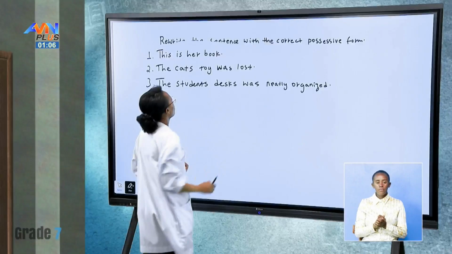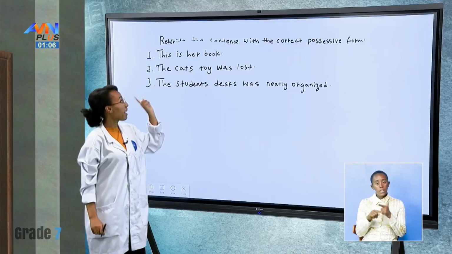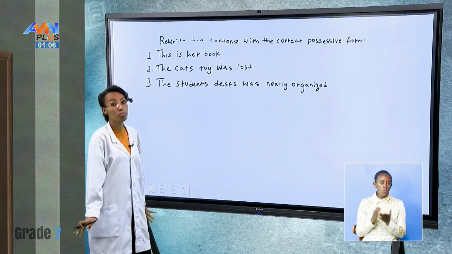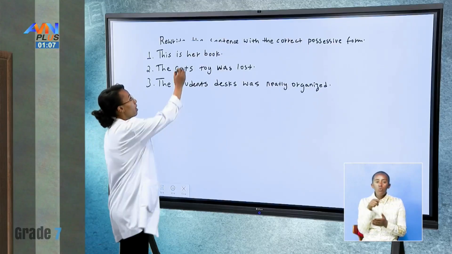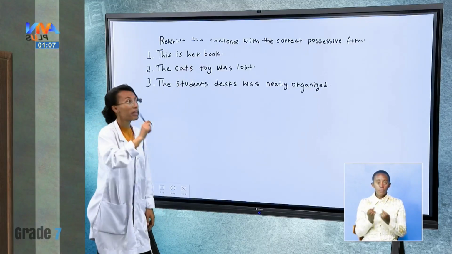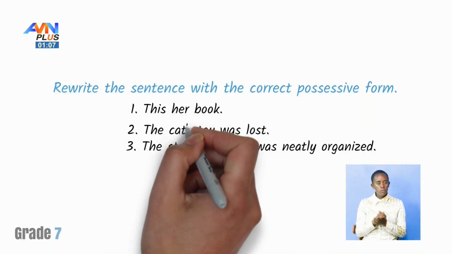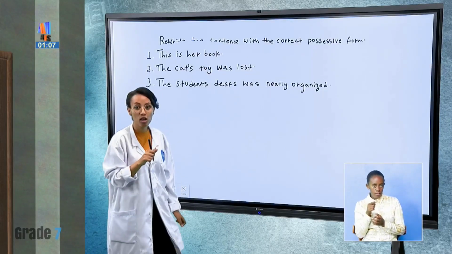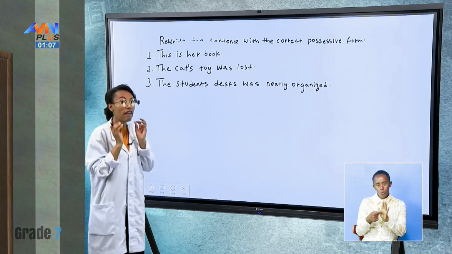Okay, so the second one, the cat's toy was lost. So where do we put the apostrophe? Since we're talking about one cat, it is cat, and then apostrophe, and then S to show possession of that cat.